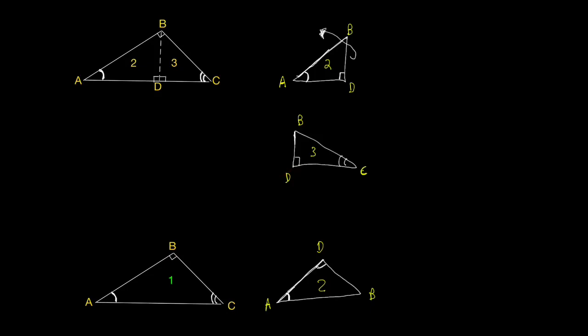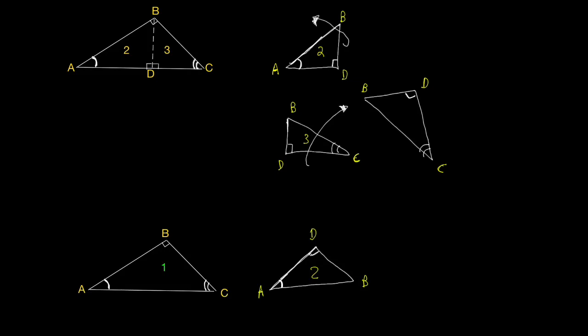So for this one, we're going to have to flip it in that direction right there. And we're going to get this orientation of the triangle once we flip it over. So here we can adjust it quickly. Let's go ahead and grab this and make sure that it's oriented in the same way as triangle 1. And we have all 3 triangles in the same direction now. And let me go ahead and label this as 3.